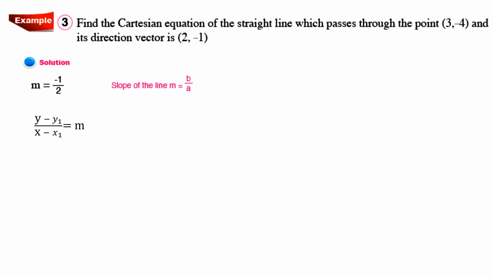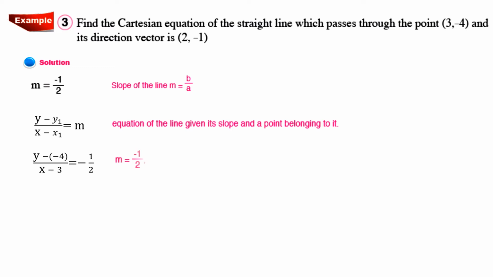So y minus y1 over x minus x1 equal m. So this is the equation of the line given its slope and a point belong to it. So y minus negative 4 over x minus 3 equal slope, which is negative 1 over 2. So m equal negative 1 over 2, x1 equal 3, and y1 equal negative 4.